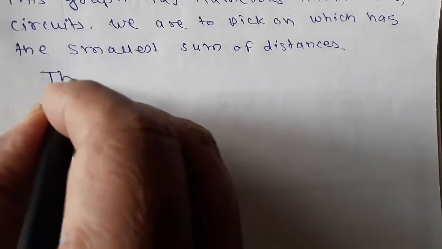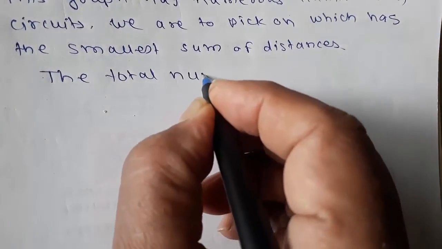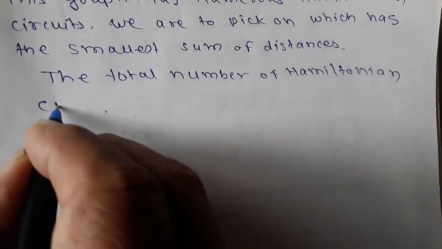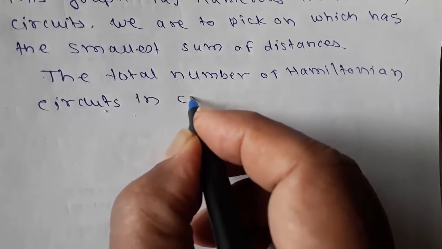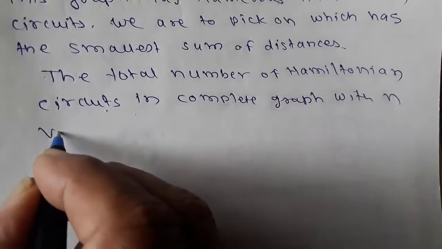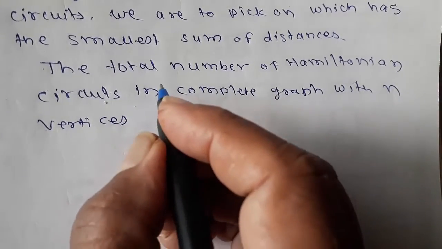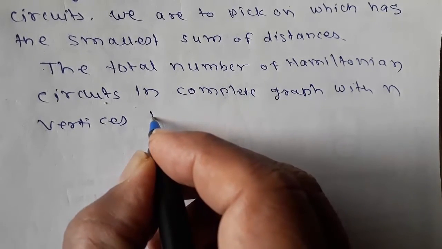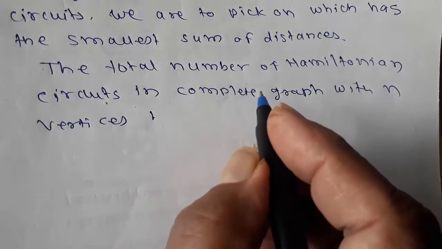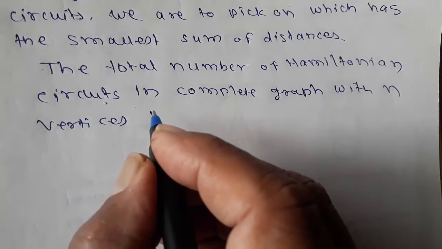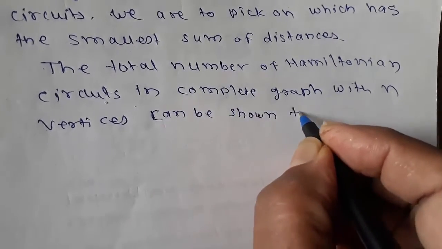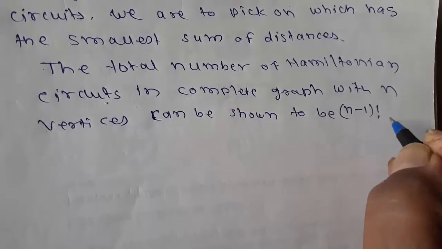We know that the total number of Hamiltonian circuits in a complete graph with n vertices can be shown to be (n minus 1) factorial divided by 2.